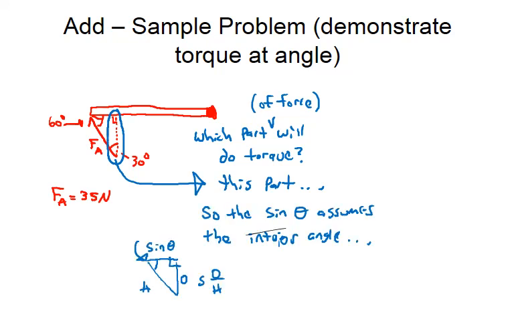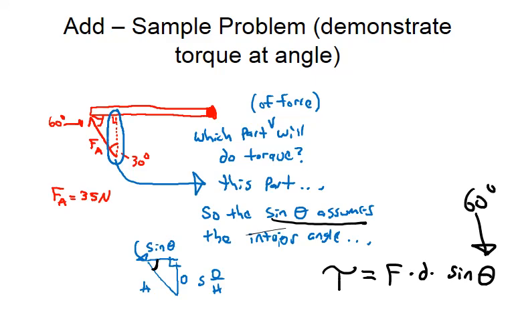So the sine of theta assumes the interior angle here. When we calculate torque, that would be force times displacement times sine of theta. In this case, we need 60 degrees, not the 30 degrees right here. We need the 60 degrees because it's the opposite side. It's assuming the opposite side right here.